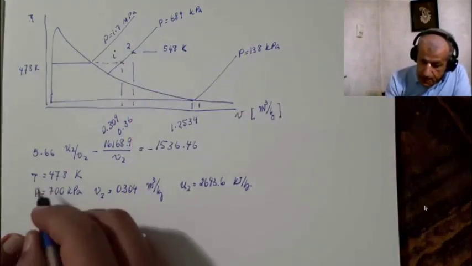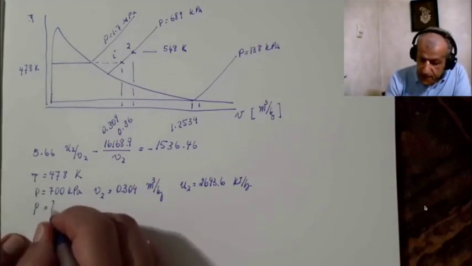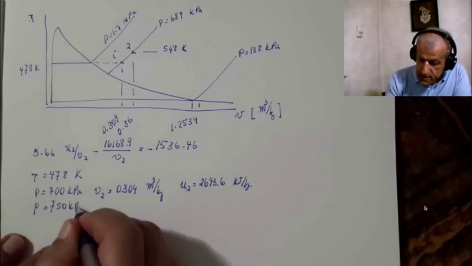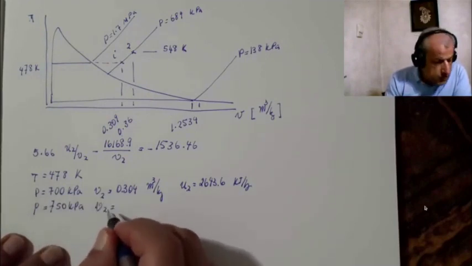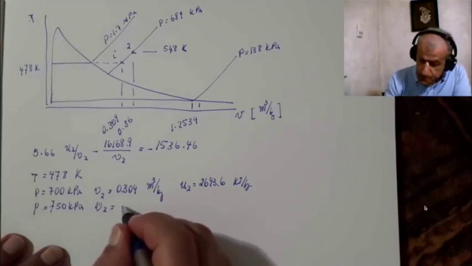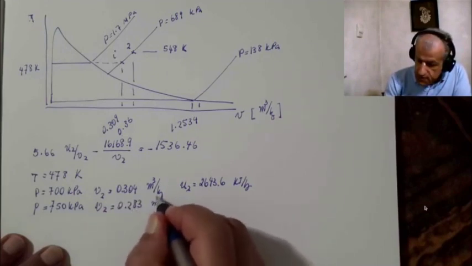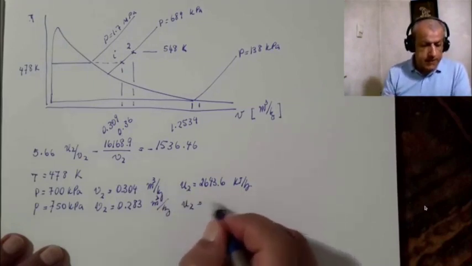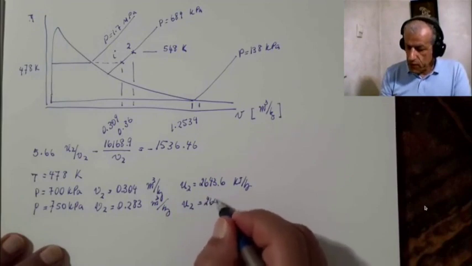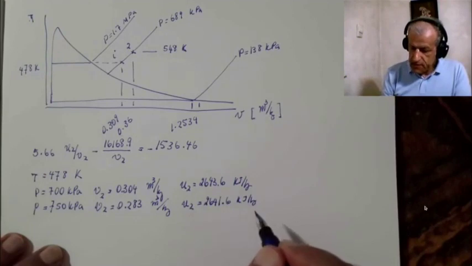P equals 750 kilopascals, and V2 would be 0.283 cubic meters per kilogram, and U2 is 2641.6 kilojoules per kilogram.